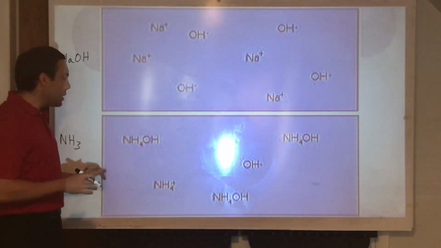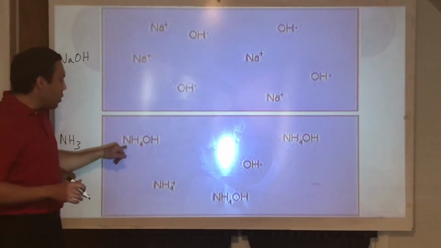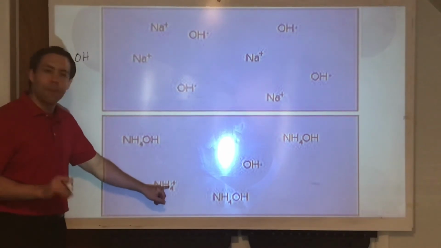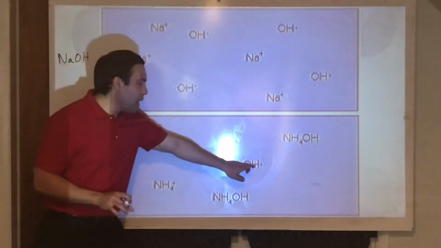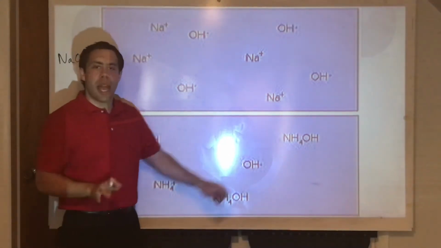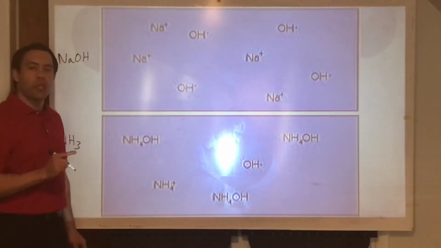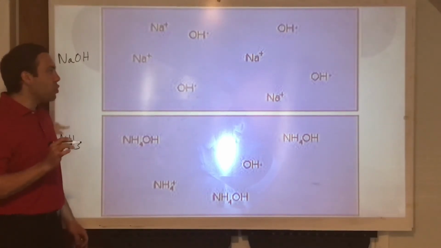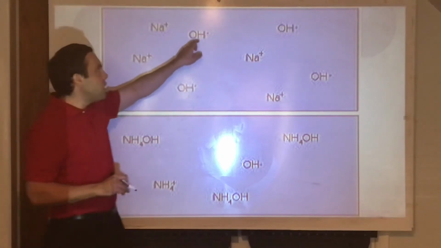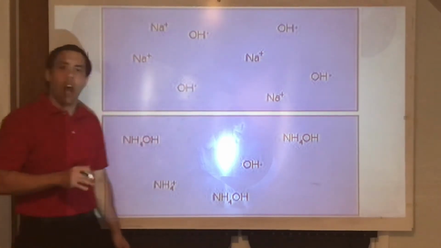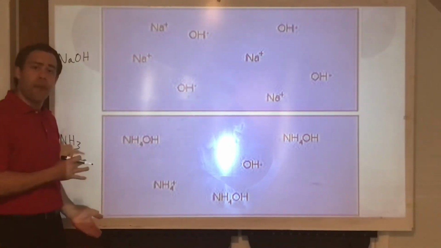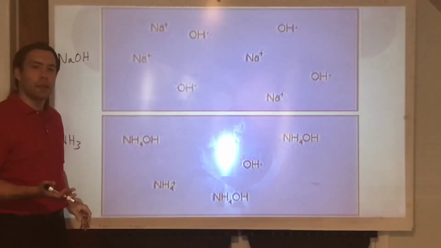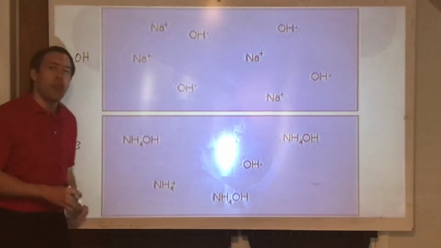When ammonia is dissolved in water, you get NH4OH, NH4 pluses, and very few OH minuses, very few hydroxide ions. Remember, according to the Arrhenius theory of acids and bases, a stronger base will dissociate into a greater concentration of hydroxide ions. So therefore, the more hydroxide ions, the stronger the base. The fewer the hydroxide ions, the weaker the base.